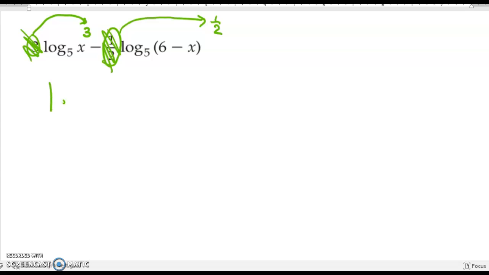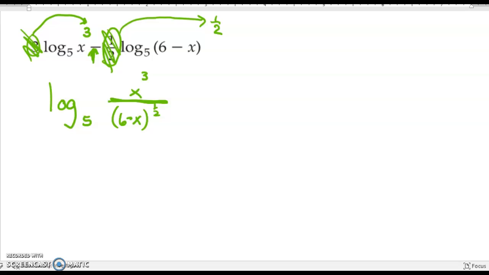We'll write log base 5 one time. We're condensing. I know I'm going to be subtracting because of that minus sign. So the minus sign is dividing. The x cubed goes to the top, and the 6 minus x to the 1/2 power goes to the bottom. And that would be it.